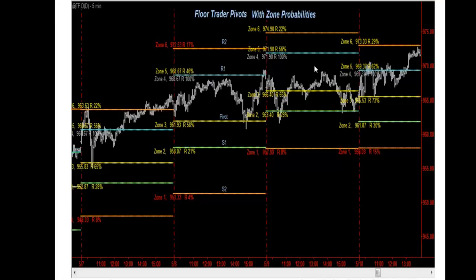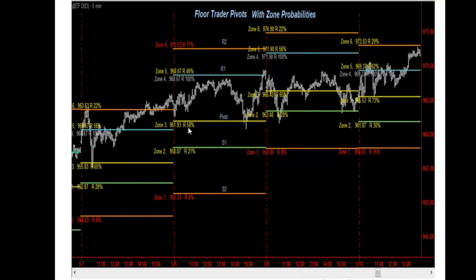Now this could be very useful when we're making a trading decision. If I'm in this zone at the open of the day, wondering which way the market is going to go and how far it's going to reach, I can see that I have only a 45% chance that it will get up into this zone.